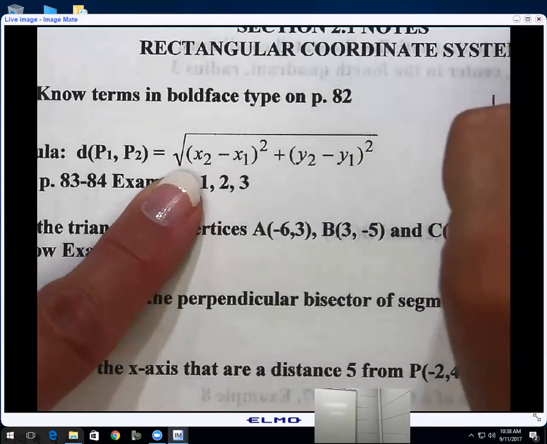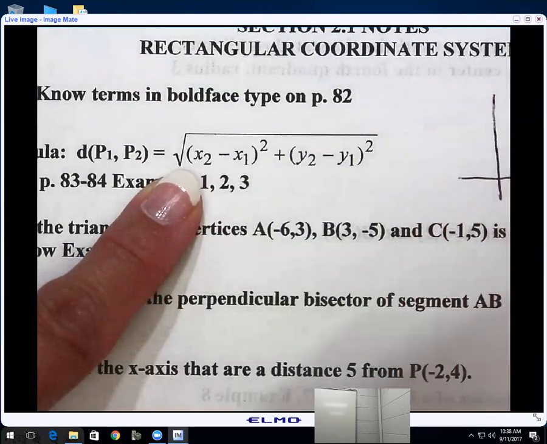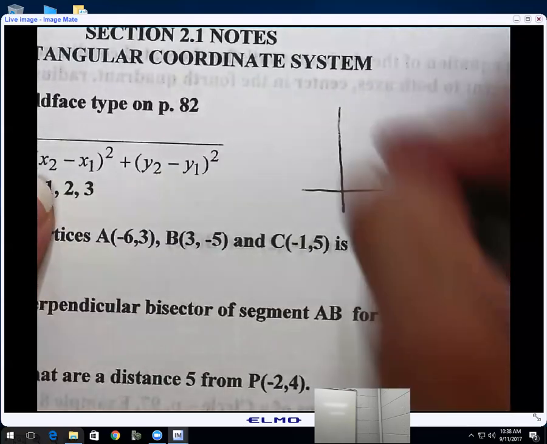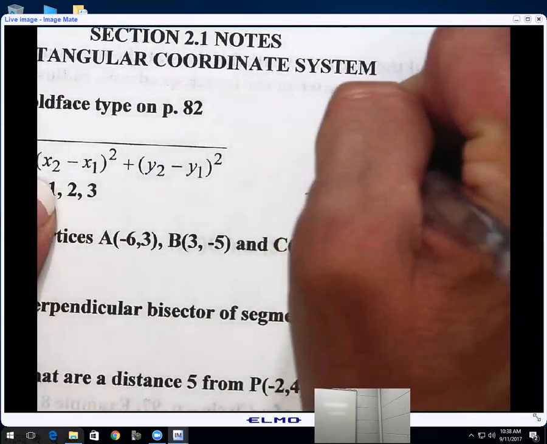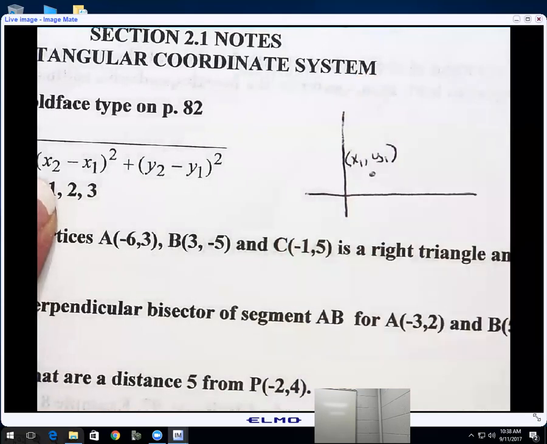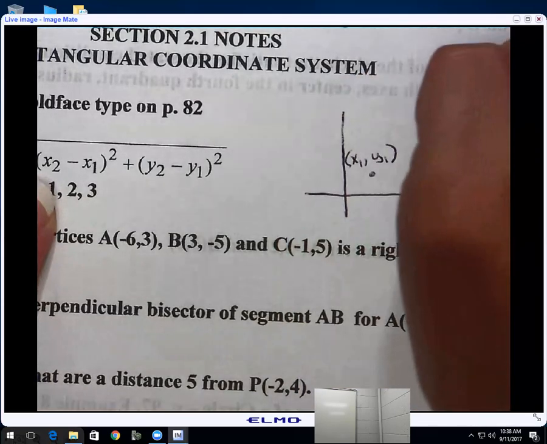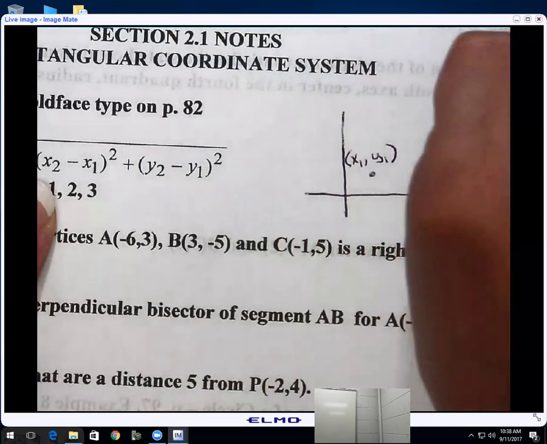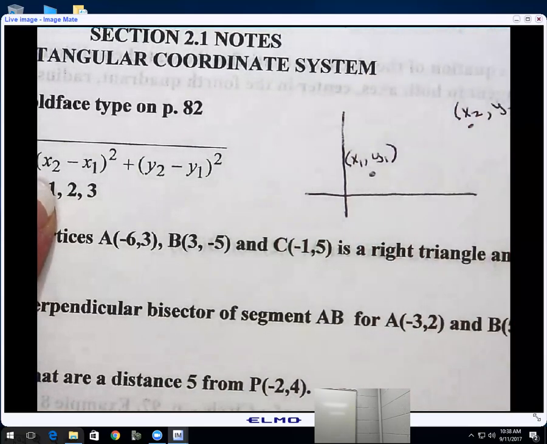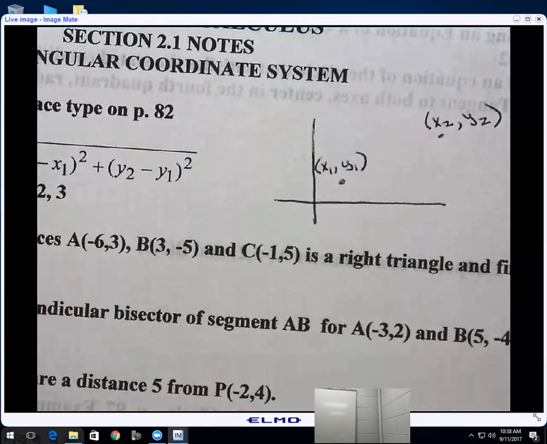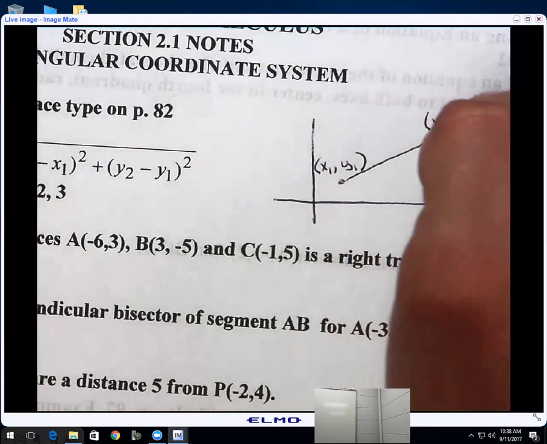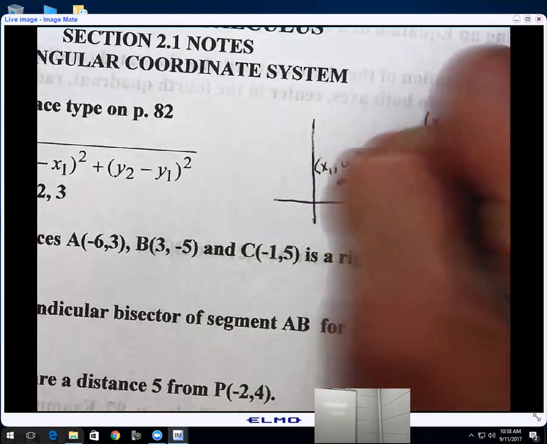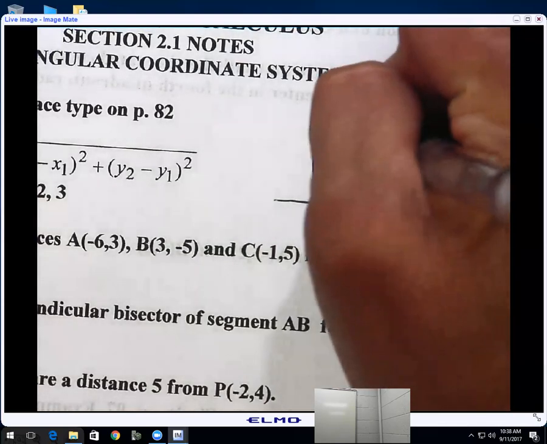Let's say in the Cartesian coordinate system, I have 2 ordered pairs. Let's call them (x1, y1) is one ordered pair, and (x2, y2) is another ordered pair. Let's say I want to find the distance between those 2 points, and we'll call that distance d.